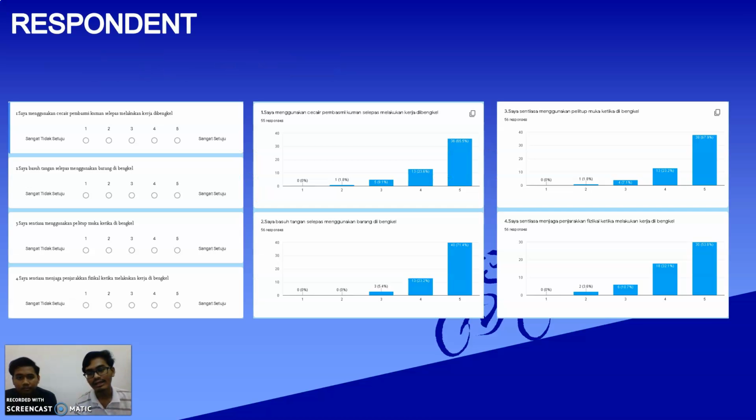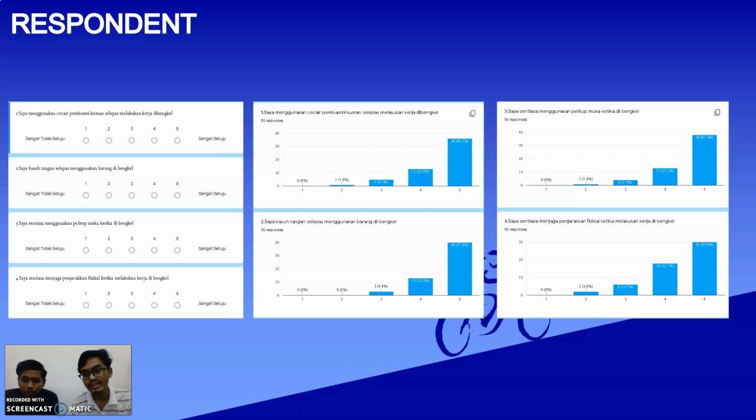Okay, this is what we are using on Google Form for the respondents. There are two sections on the Google Form. The first section is just a regular question. There are 5 options of answers. Number 1 is sangat tidak setuju, and number 5 is sangat setuju.